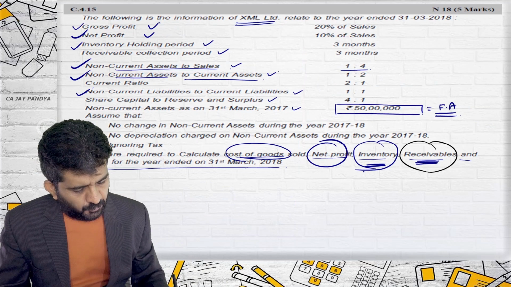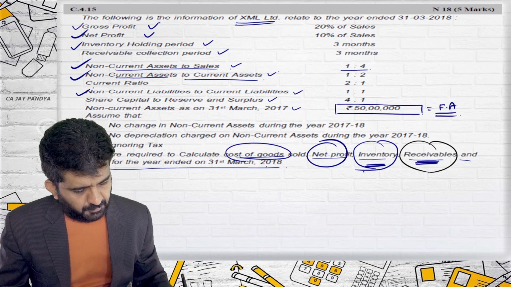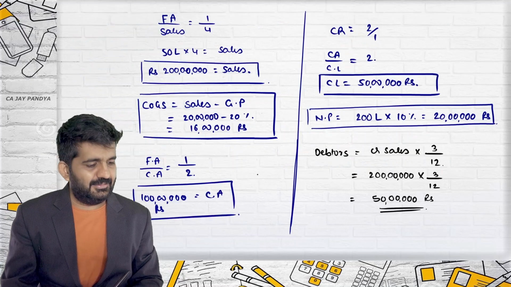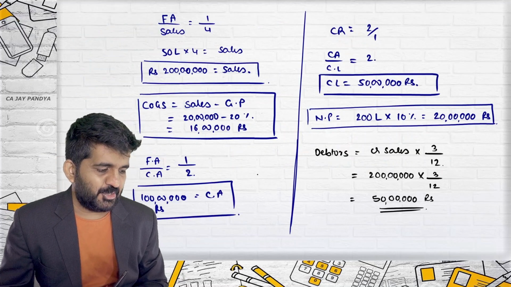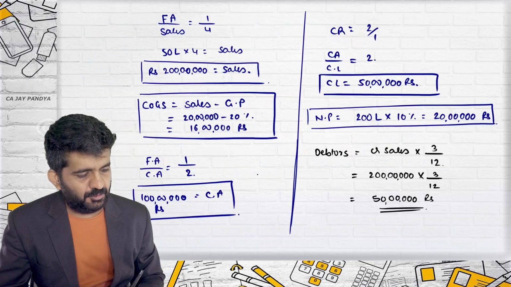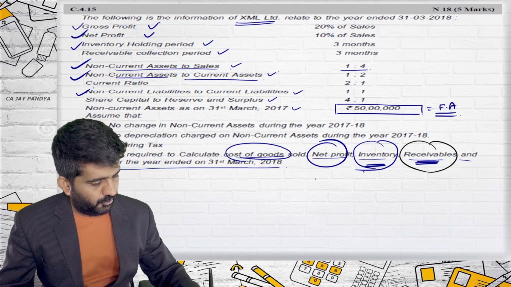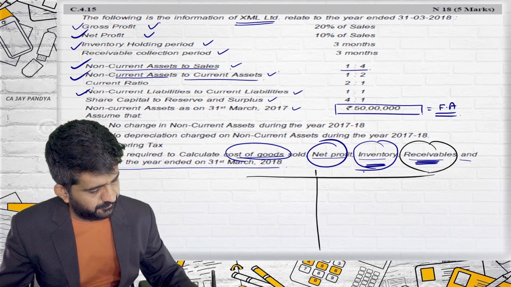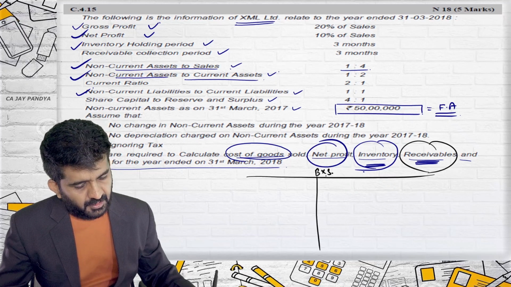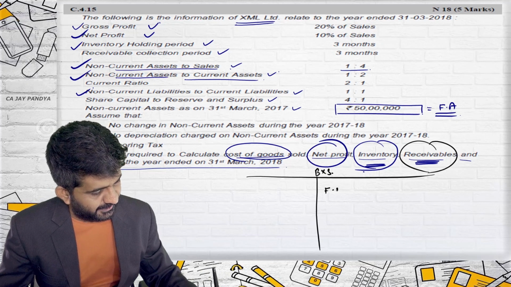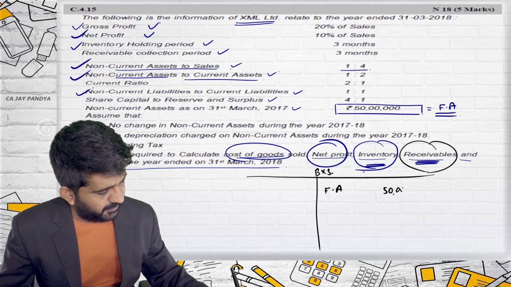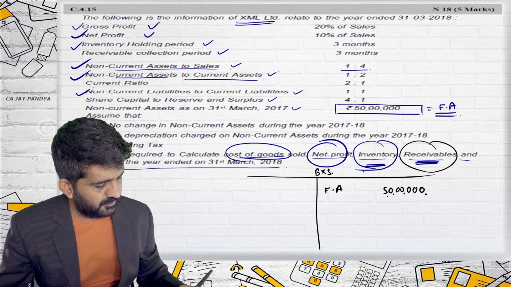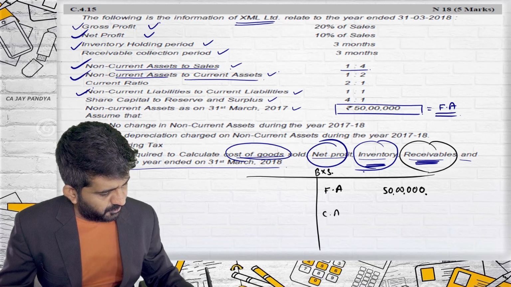And cash for the year ended 31st March 2018. Now cash cannot be found out unless you draw your balance sheet. Are you having the answer of your fixed asset or non-current assets? Yes, 50 lakhs. Are you having the answer of your current assets?